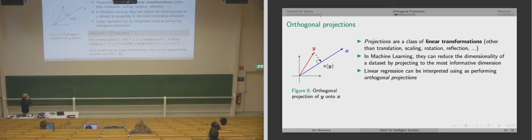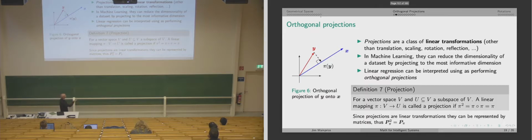So what is the definition of a projection? The key notion here is that for any operator that is called a projection, regardless of whether it's an orthogonal projection or not, if you apply the projection after having applied the projection already, then it's just the same.